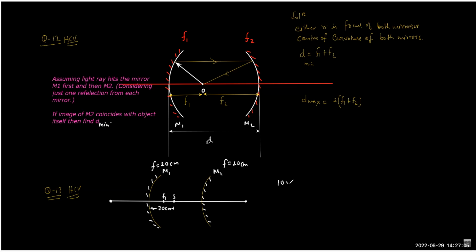So 10 into x_i is 400. So the distance from the focus will be 40, and the total distance from this point will be 60. So this distance is 60.